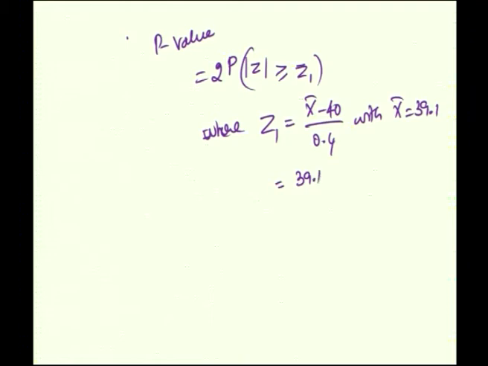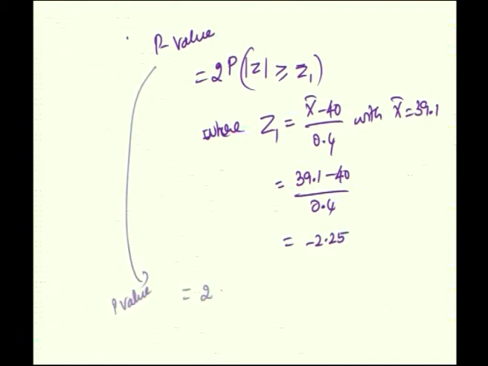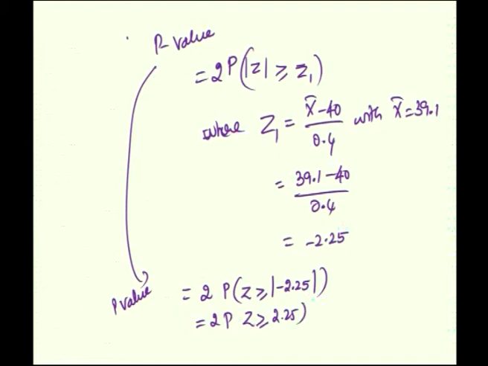So, 39.1 minus 40 by 0.4 is equal to minus 2.25. So, the p value is 2 times P of Z greater than or equal to modulus of minus 2.25, that is, 2 times P of Z greater than or equal to 2.25.